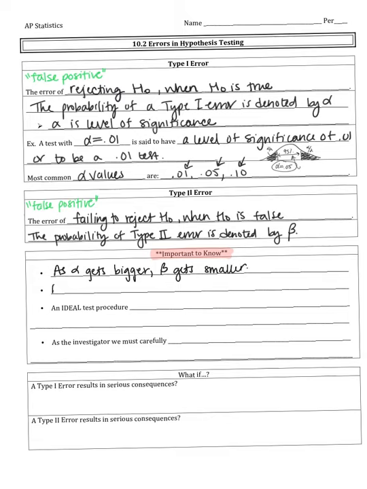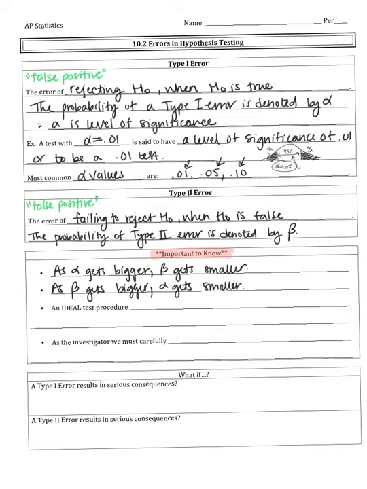And vice versa, as beta gets bigger, alpha gets smaller. So type 1 and type 2 errors are inversely related. If I have more type 2 error, I have less type 1 error. If I have more type 1 error, I have less type 2 error.